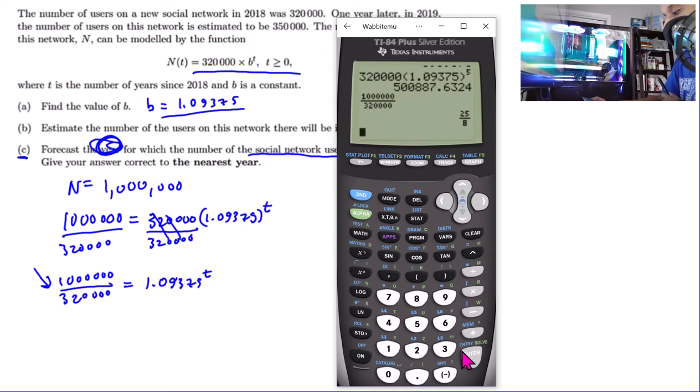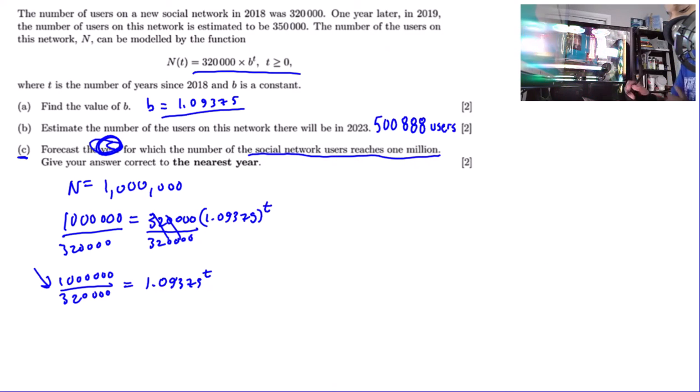And we get that. Let's just turn that to a nice decimal. 3.125. So we'll say, okay, 3.125 equals 1.09375 to the power of T.